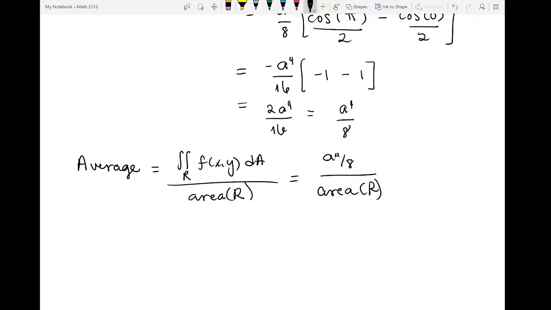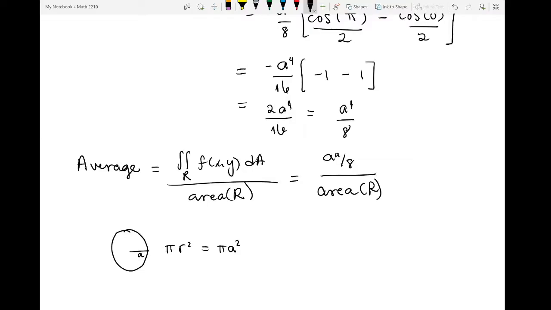Well, that's not too bad, right? We know that the area of the region is just going to be the area of the quarter circle. The area of a circle, if this is a, is pi r squared, right? Everybody knows that. In this case, it's pi a squared, because our radius is a.